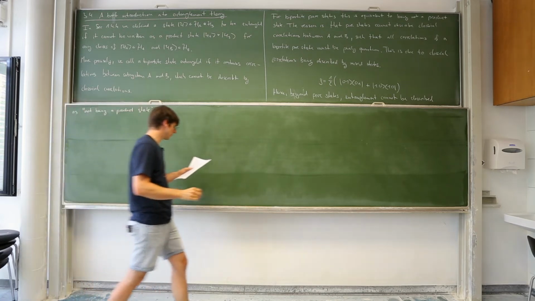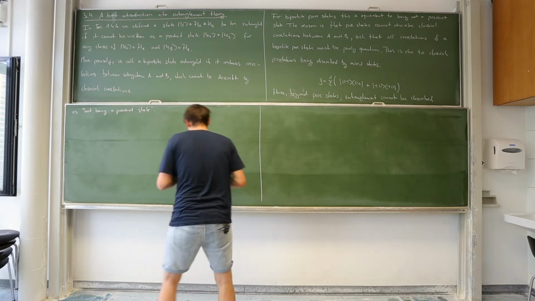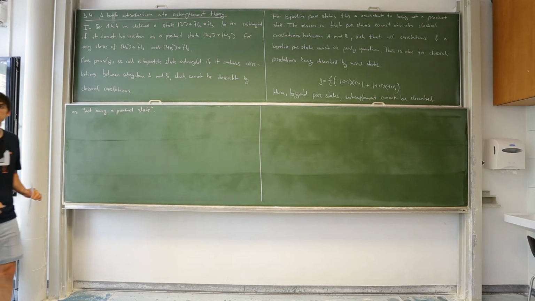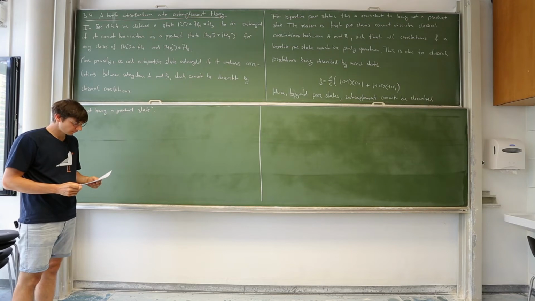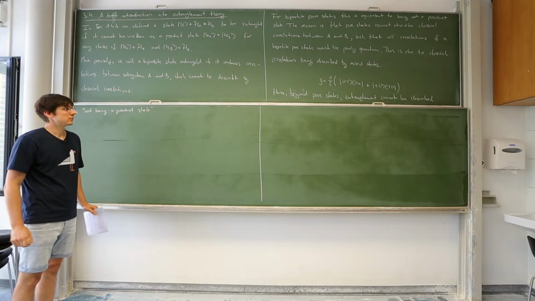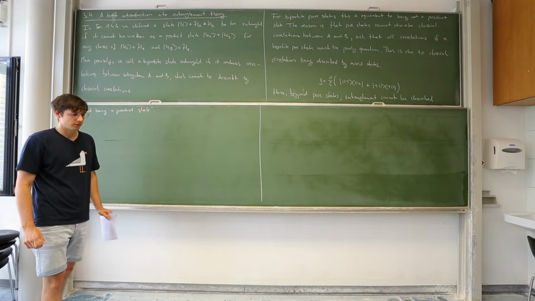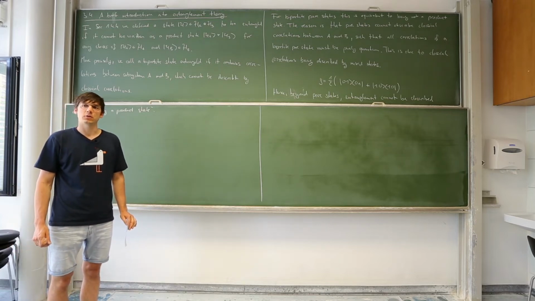So we have to come up with some more precise criterion to describe whether a state is entangled or not. And this is what we're going to do now. The approach is as follows. We start with a state without any correlations, so a product state.